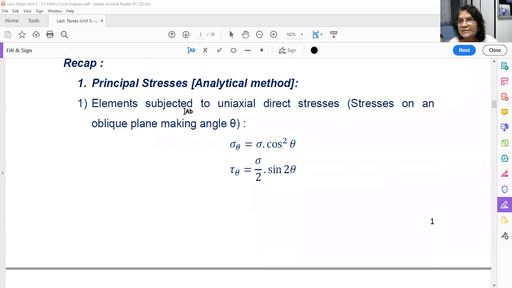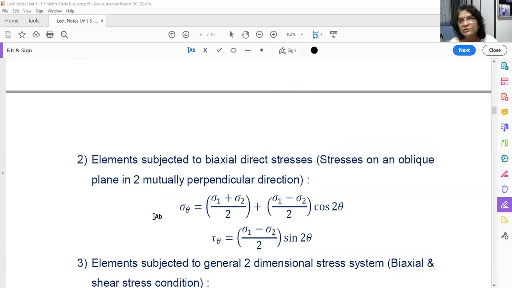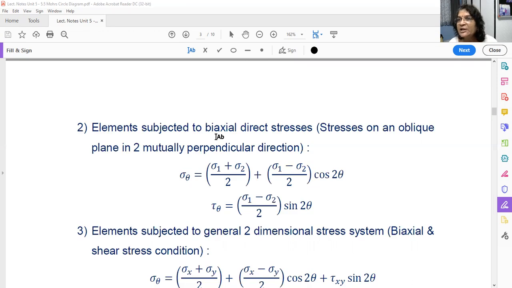For the first case, uniaxial direct stresses, sigma theta is equal to sigma into cos square theta, and tau theta is equal to sigma by 2 into sine 2 theta. Sometimes sigma theta and tau theta are known as sigma n and tau n, as different books use different notations. The second case was biaxial direct stresses.